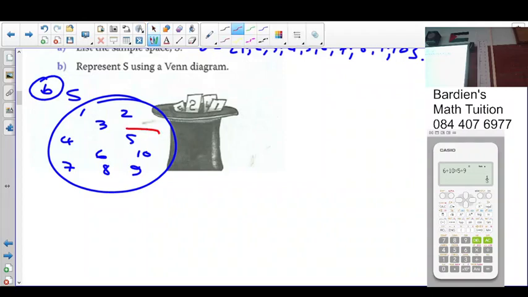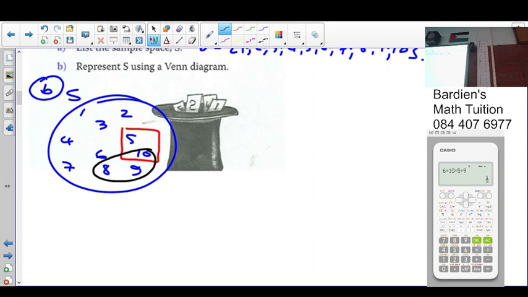So 5 and 10. That is a subset inside the sample space. Can you see that, people? If you look at numbers greater than 7, what numbers are those? 8, 9, 10. That is another set inside that set.